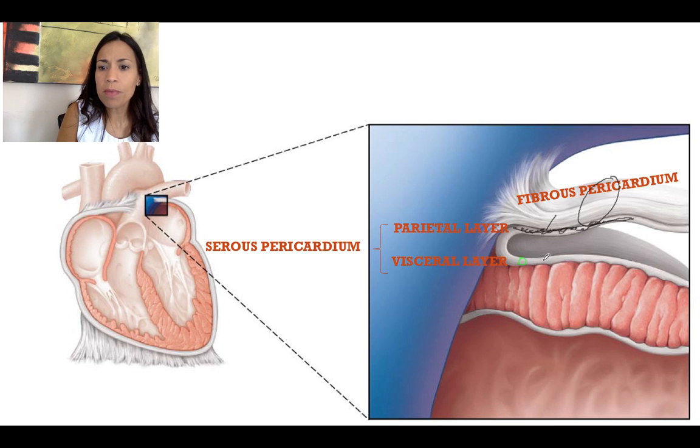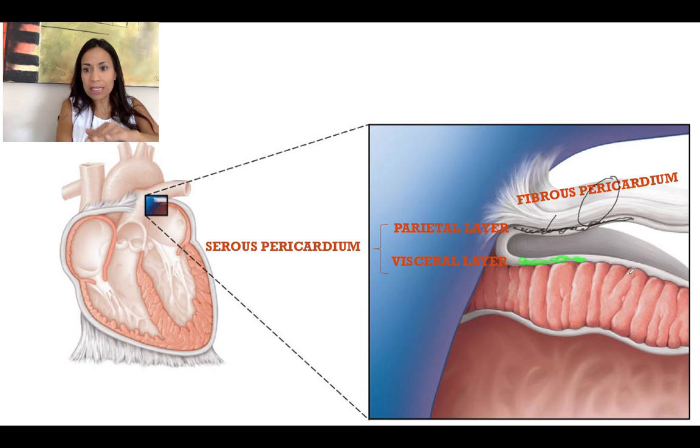This is the visceral pericardium, in green. Both layers are actually continuous, the parietal and the visceral. The visceral covers the entire organ, and when it gets closer to the great blood vessels, it folds to create the outermost layer, the parietal pericardium.